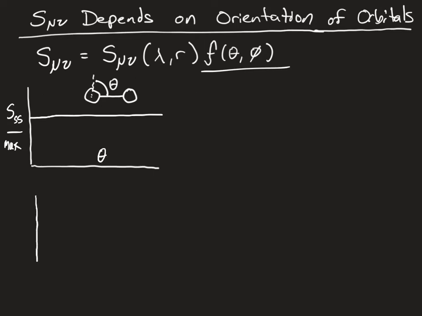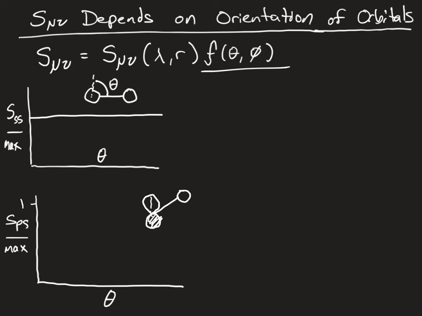Things change, however, when we look at overlap of orbitals that are different than s. So for example, if we look at an SP overlap divided by the maximum possible that this particular overlap integral can be, so that would be 1, we're going to look at that value of theta, going out to 90 degrees from 0 degrees.